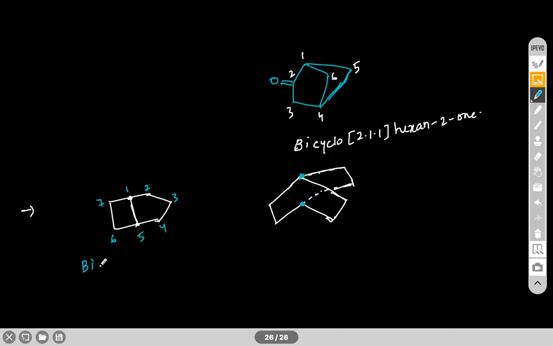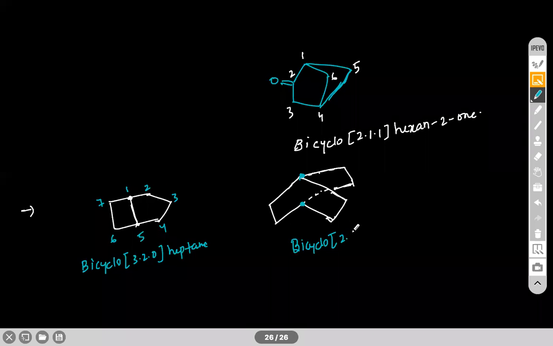So the name is bicyclo 3.2.0 heptane. This one is bicyclo 2.2.2 octane.